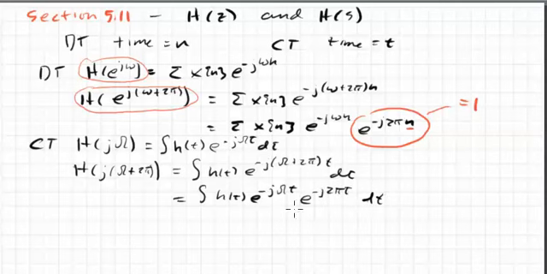There, so we factored it. Now let's look at this term here. In the discrete case, above, this was equal to 1 because we had e^(j2πn) with n an integer.